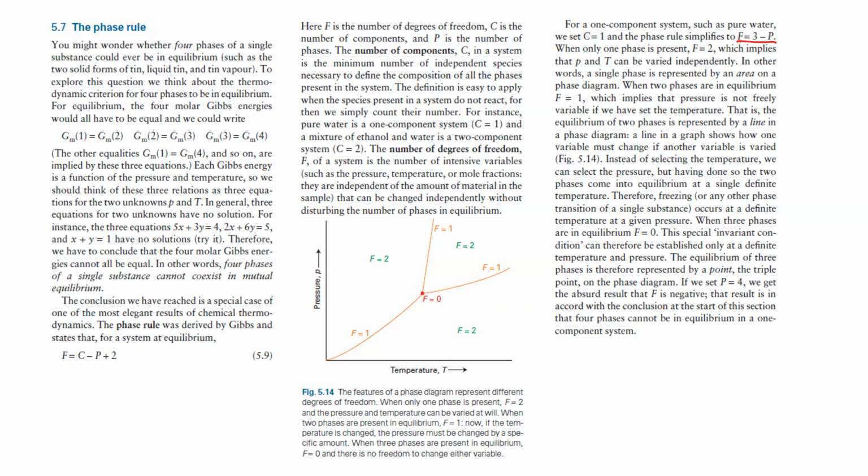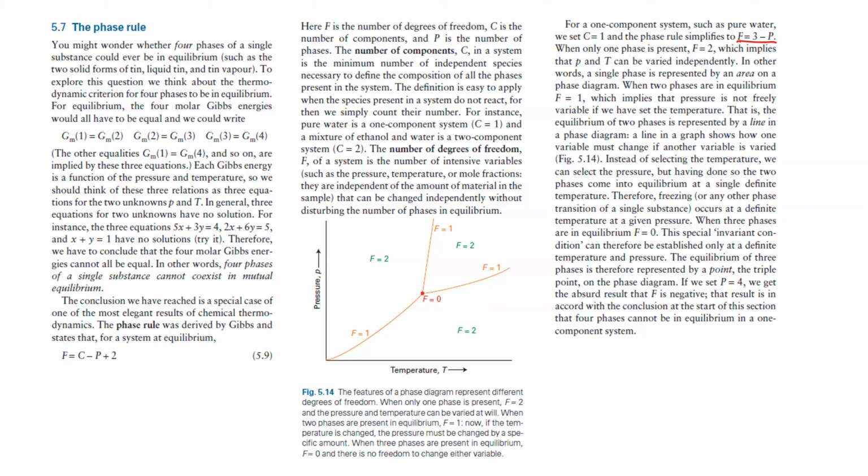In other words, a single phase is represented by an area on a phase diagram. When two phases are in equilibrium, F equals 1, which implies that pressure is not freely variable if we have a set temperature. That is, the equilibrium of two phases is represented by a line in the phase diagram.